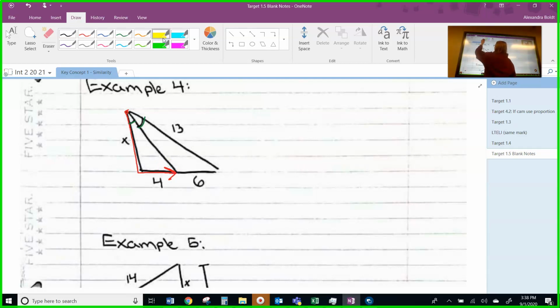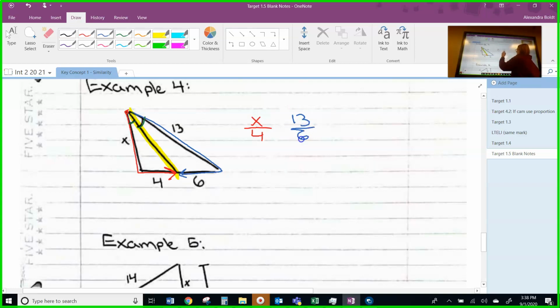So it's kind of like splitting this in half. So I get x and 4. So on my other side, I just start at the same point and end at the same point. And I get 13 and then 6. And I can set these equal.